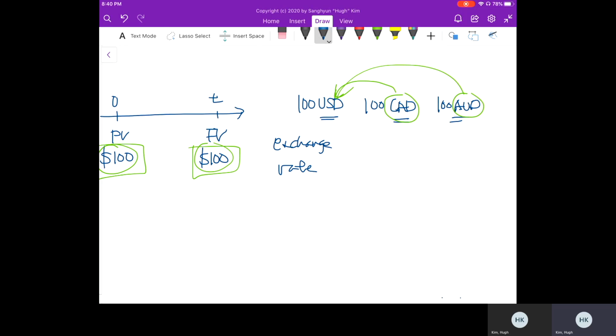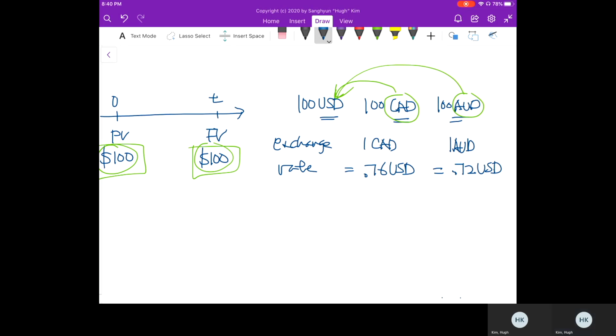So let's say 1 Canadian dollar is equal to 0.76 US dollars, and 1 Australian dollar is equal to 0.72 US dollars.